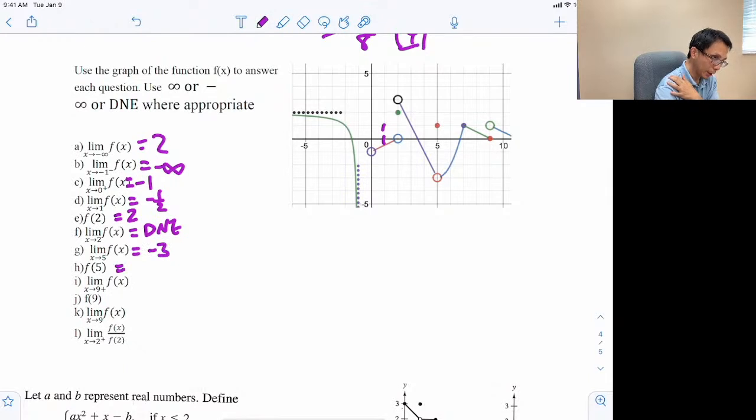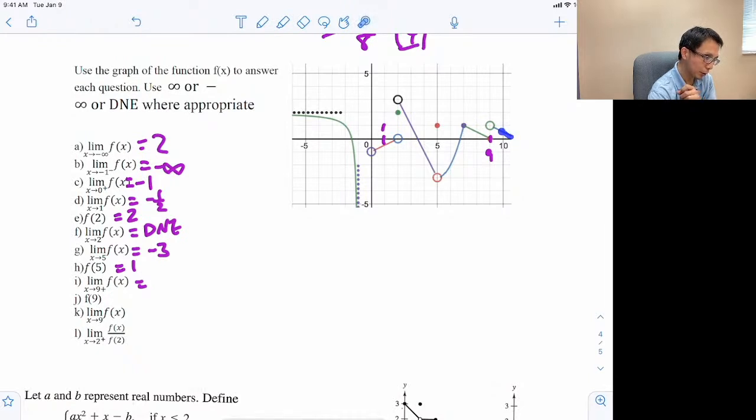Yes. Okay, what is f of 5? 1. Now how about the limit as x approaches 9 from the plus side? This is a 9 right here. What do you think it is? Does not exist. Well, be careful.